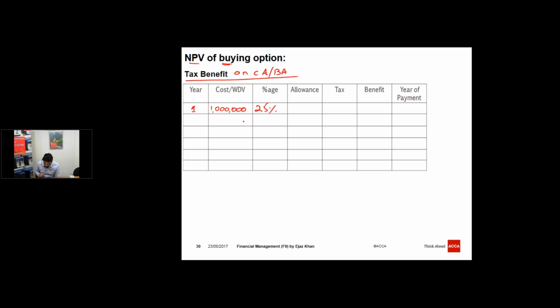Yes, if we have the same cost in both options, then it is irrelevant. Either consider it for both calculations or ignore it for both. So it will not affect the decision. So the cost of asset is 1 million. We'll be allowed 25% tax depreciation, which will be equal to 250,000. The tax rate will be 30%. The tax benefit will be 75,000.